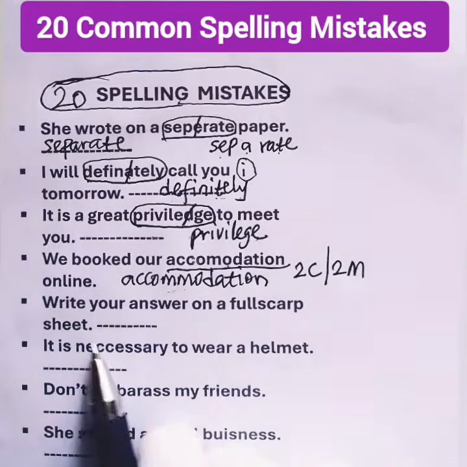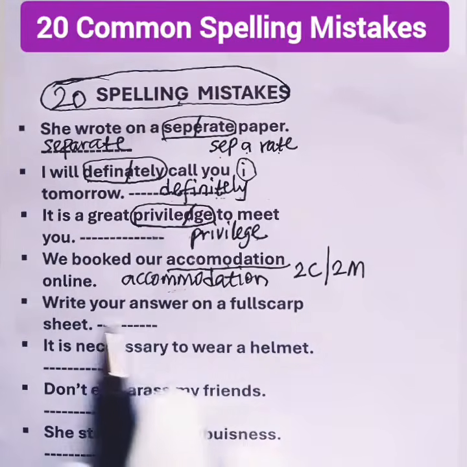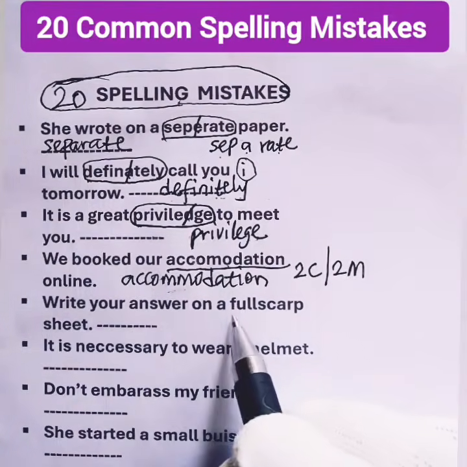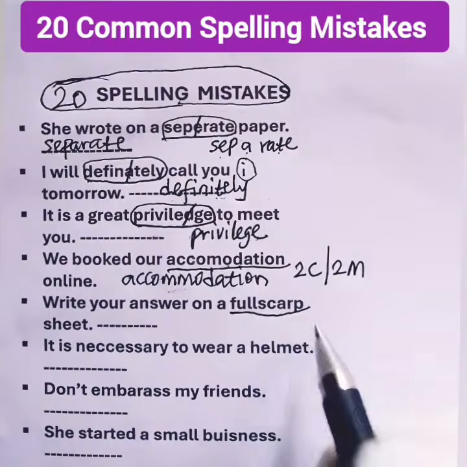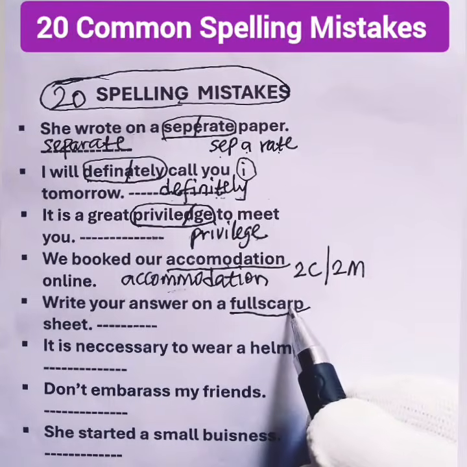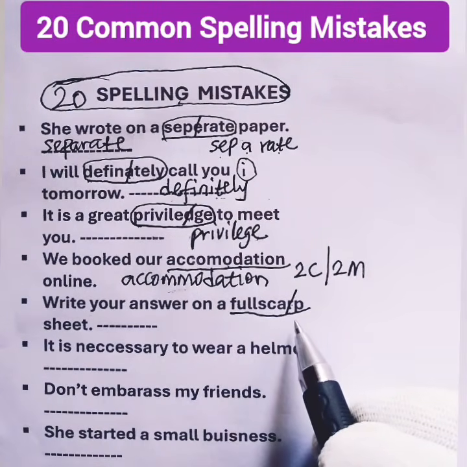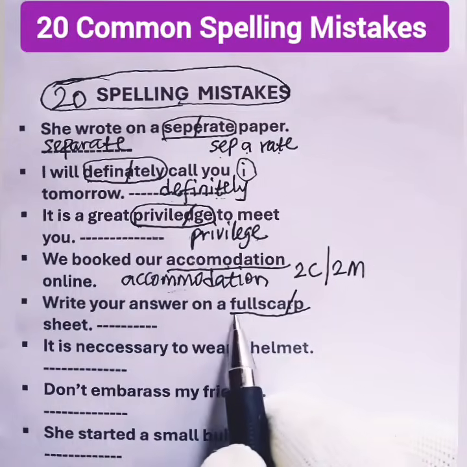Okay? Next, write your answer on a foolscap sheet. Every other thing here is correct apart from this, foolscap. This is not how to spell it. Can you identify what is wrong? You may think it is the R. Yes, R is wrong, but that is not the only thing. This part is also wrong.